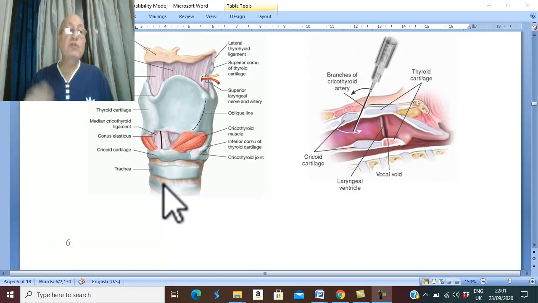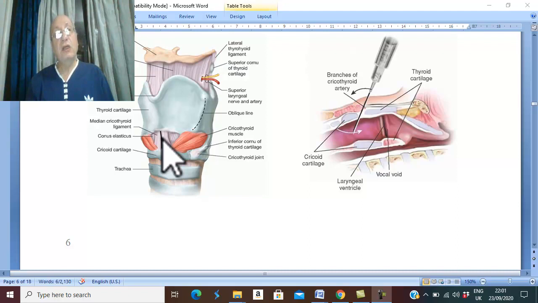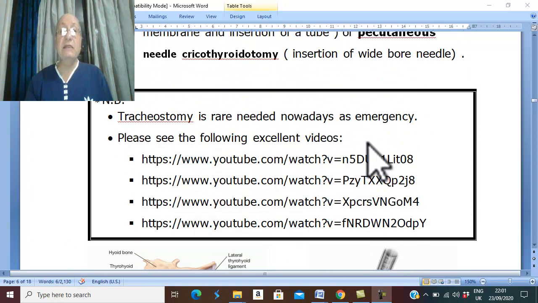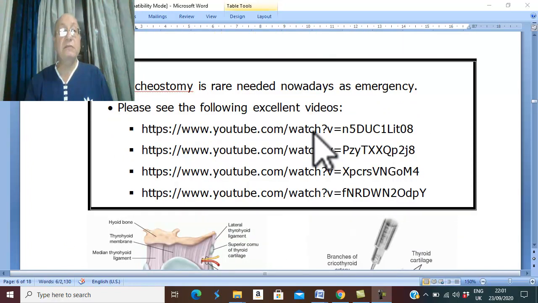Therefore, if you try to introduce air through the cricothyroid membrane, the air will face the obstruction below this level. And surely, tracheal intubation is the best. To know how to do cricothyroidotomy and the previous techniques, you can see these videos on YouTube.